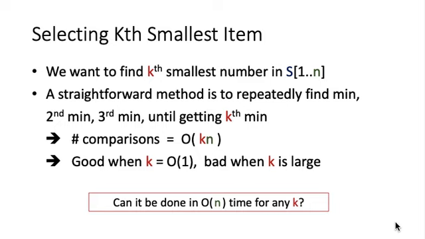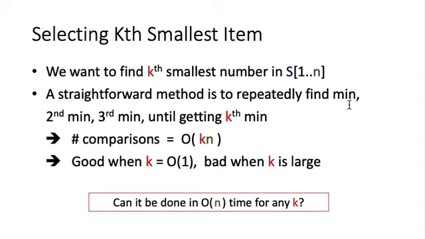Now, let us take a look at our third problem: how to select the kth smallest item from a set of n items. Again, we assume that the input is an array S of n numbers. A straightforward method is to repeatedly find the minimum.